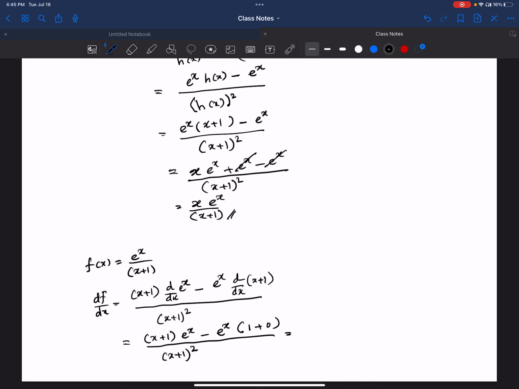So from there you can take x times e to the power x plus e to the power x, minus e to the power x, divided by x plus 1 squared. And so those cancel, leaving x times e to the power x over x plus 1 squared. Same answer. You'll be getting the same answer. Okay.